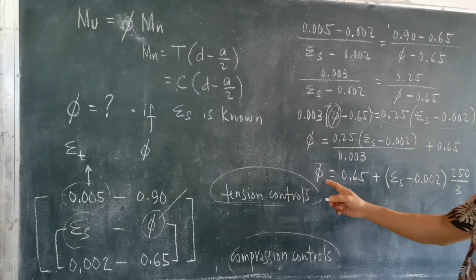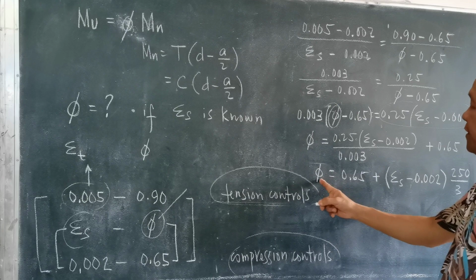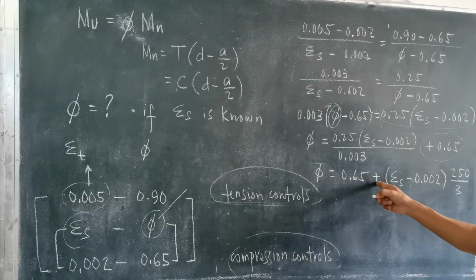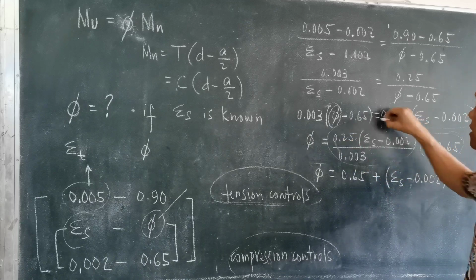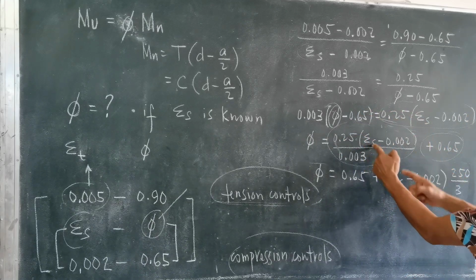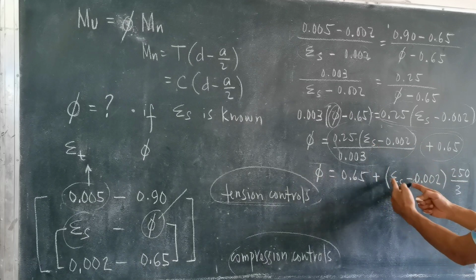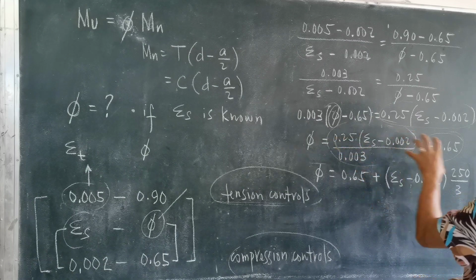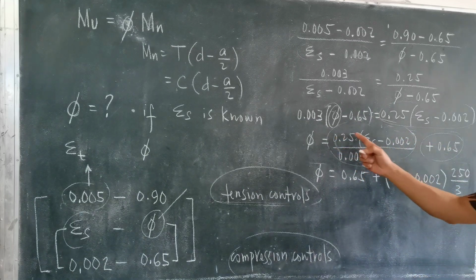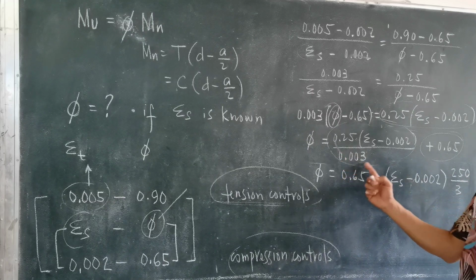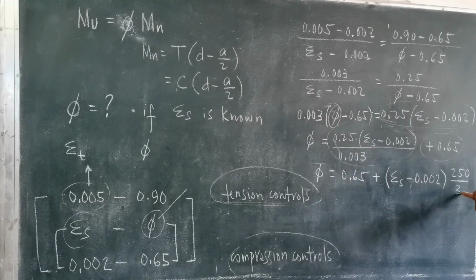So phi is equal to 0.65 plus the actual strain minus 0.002, but we multiply this by 1,000 so it becomes 250, and we multiply this also by 1,000, so it becomes 3.